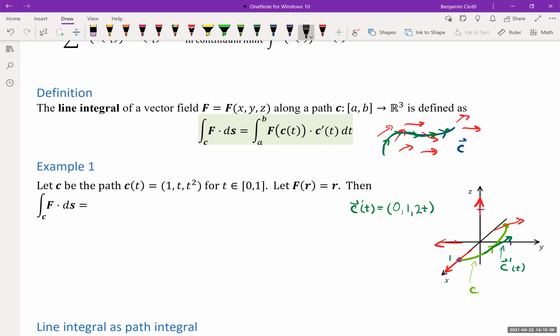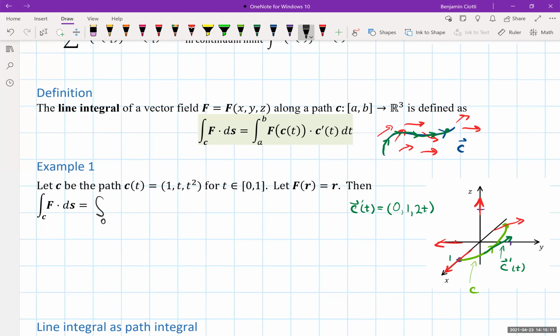According to the line integral formula, this will be the integral from 0 to 1 of F of c of t. Let's see. That's just going to be c of t, actually, which is 1, t, t squared, dotted with c prime. That's 0, 1, 2t dt.